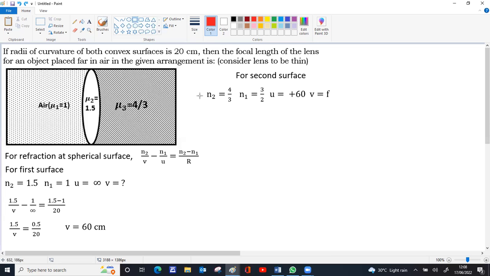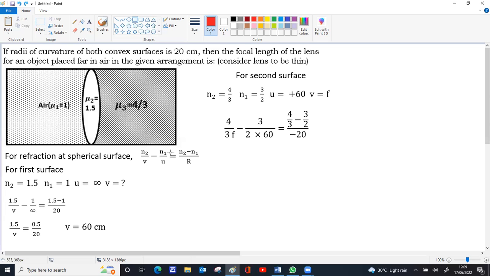Substituting in the formula, 4/3 by V minus 3/2 by 60 in the denominator, equals 4/3 minus 3/2 by R, which will be minus 20 because the surface is curved to the left.